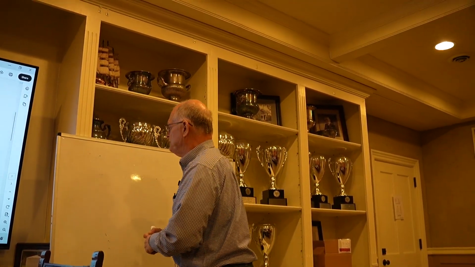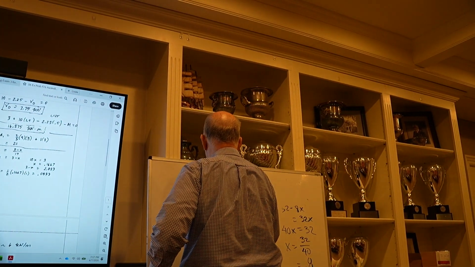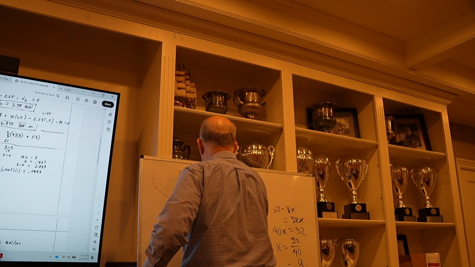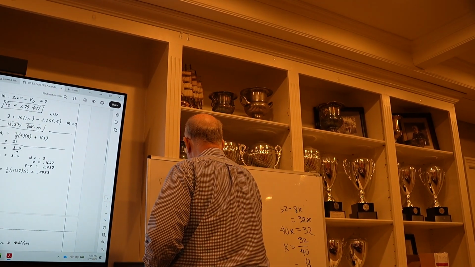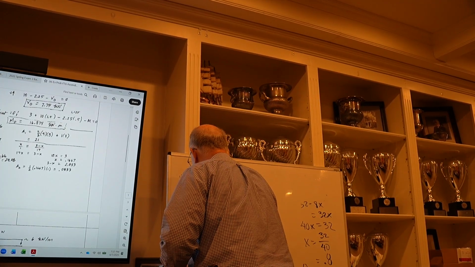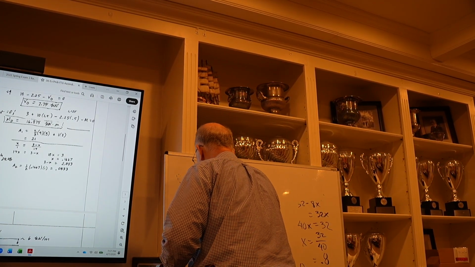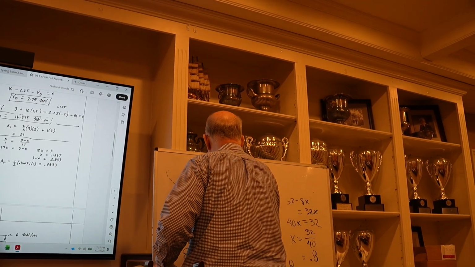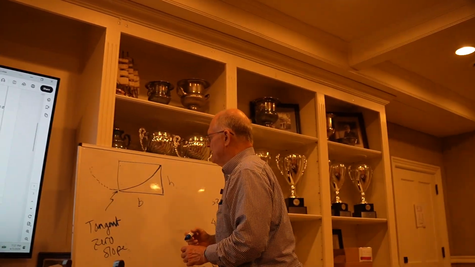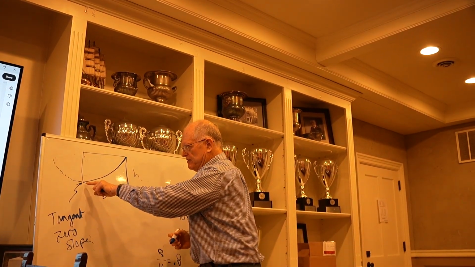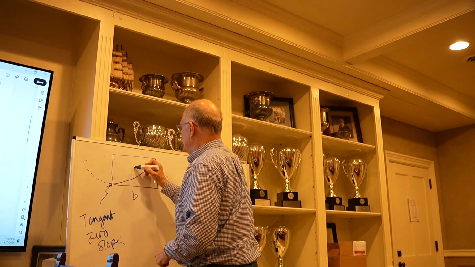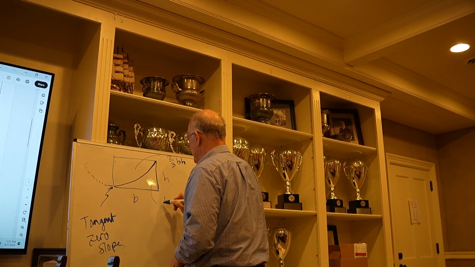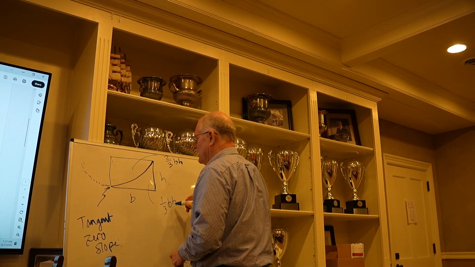If you have a parabola, and this is a tangent point right here with a 0 slope, and this is B, and this is H. This has to be tangent, but if it is, this area here is 2/3 of base times height, and this area here is 1/3 of base times height.